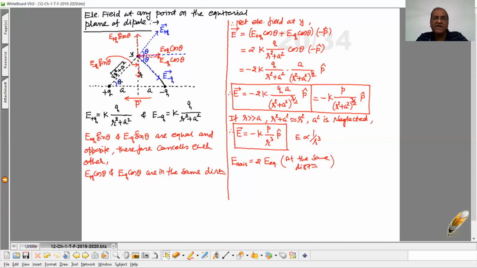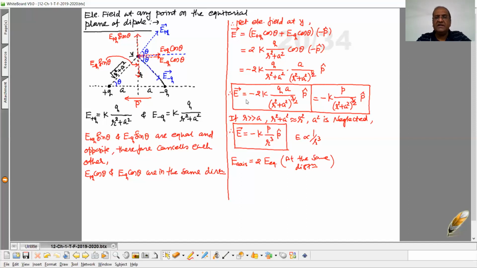But from the figure we can write cos theta, that is adjacent upon hypotenuse, so a upon r square plus a square whole raised to 1 by 2. So we can write minus 2kq upon r square plus a square, with cos theta replaced by a upon r square plus a square whole raised to 1 by 2, into p caret.